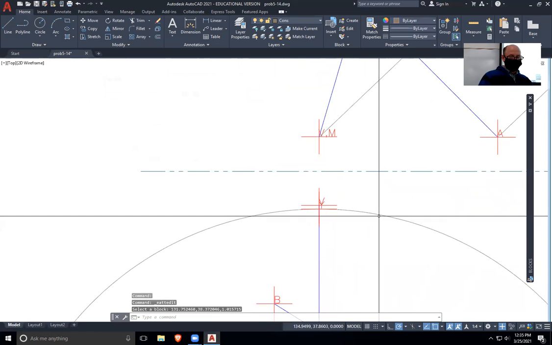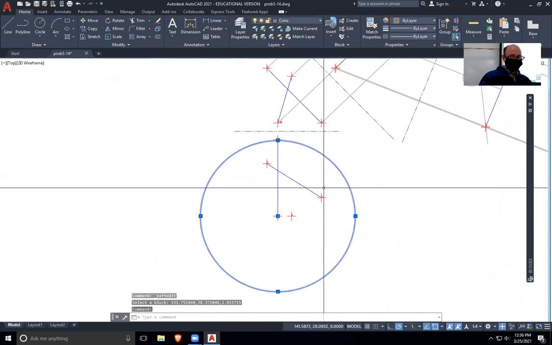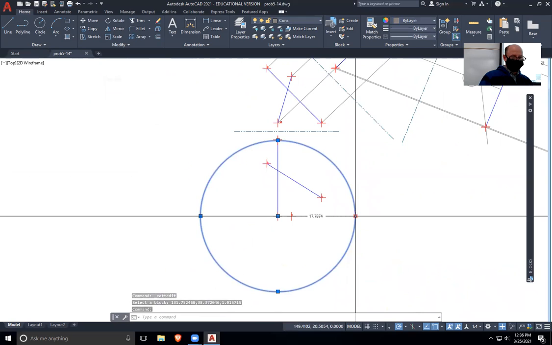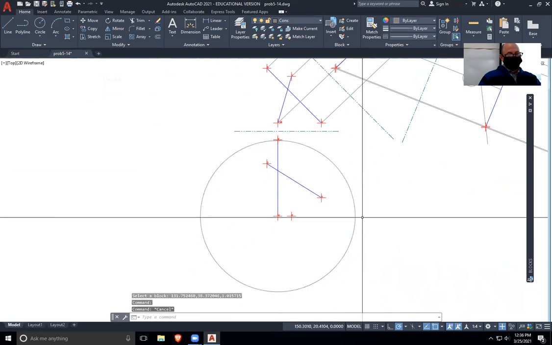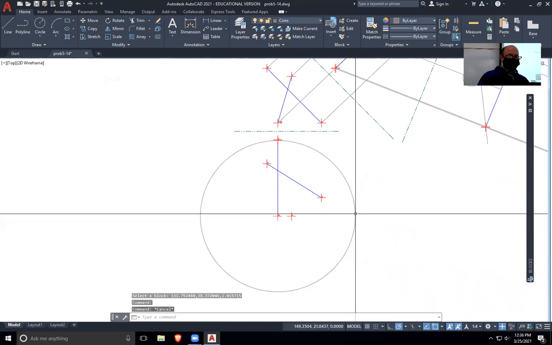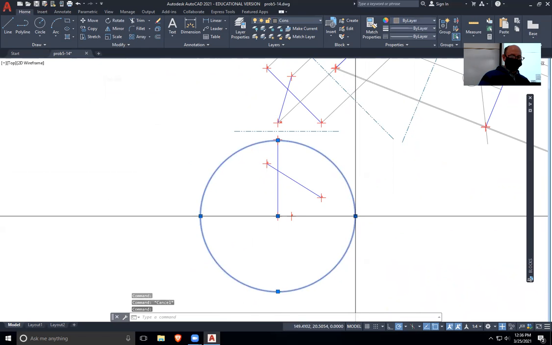It's not so easy to see, but basically there's the actual height and there's the number of it. I could use the circle to tell me that, I guess. That's it.